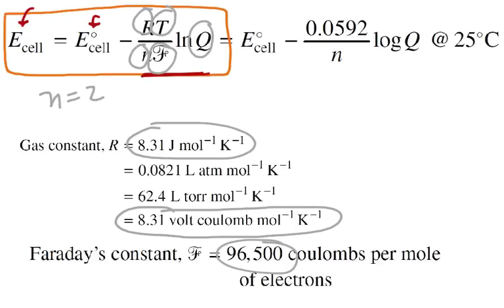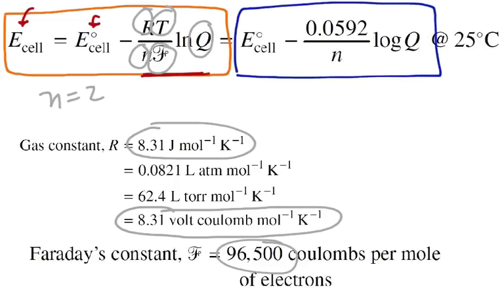Now on the other side, we have an equation, and it's really the same equation. If we took this part, E of a cell equals the standard cell, and since R is a constant, and if we're working at 25 degrees, then we could put in 298 Kelvin, and that would be constant.